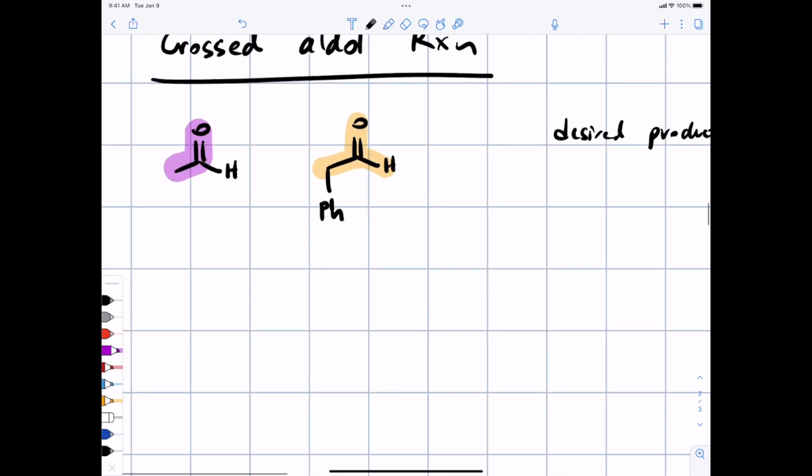So good, right? No. The problem is that both of them have protons, alpha protons, that are acidic, or rather more acidic than you would expect for an sp3 hybridized carbon. Both pKa's here for aldehydes tend to be around 17, which means that if a hydroxide base sees either of these, there's no selectivity.